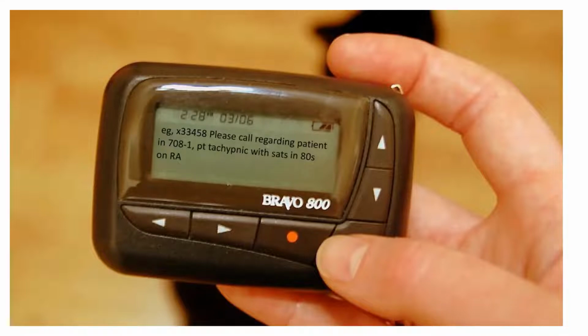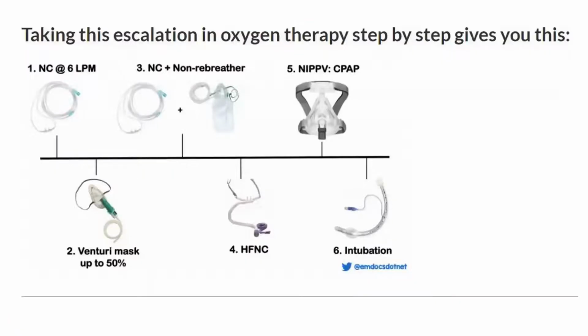So let's go back to our presentation right now. You get this page in the middle of the night about a patient decompensating on the floor. We talked about assessing the situation. We already discussed the different modes of oxygenation, from nasal cannula up to intubation.